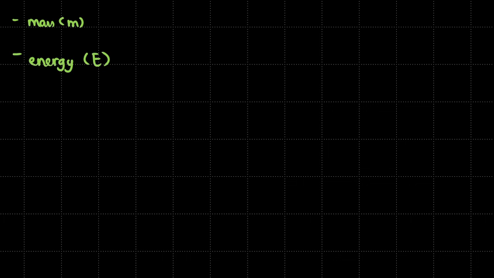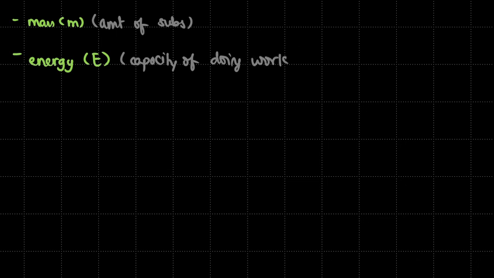When you're talking about energy, you're not talking about the direction, you're talking about how much something can do. Also, let's write: mass is amount of substance, whereas energy is capacity of doing work, right?